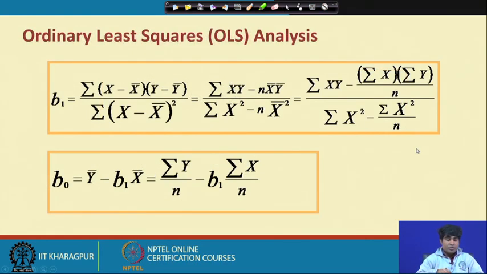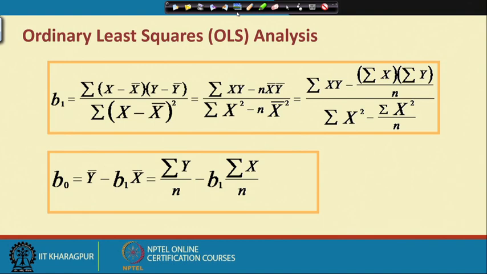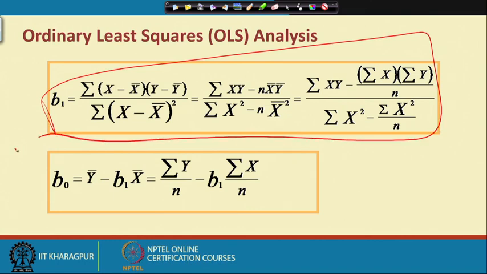Once you simplify the structure, ultimately you will get the b1 coefficient, which is the covariance of x and y divided by the variance of x. This is on the basis of the previous simplification, with respect to b0 and b1. The first value you get is the b1 coefficient.